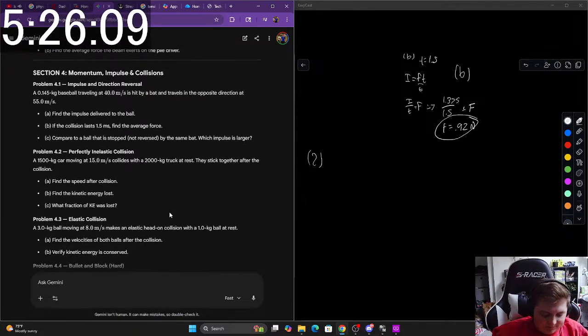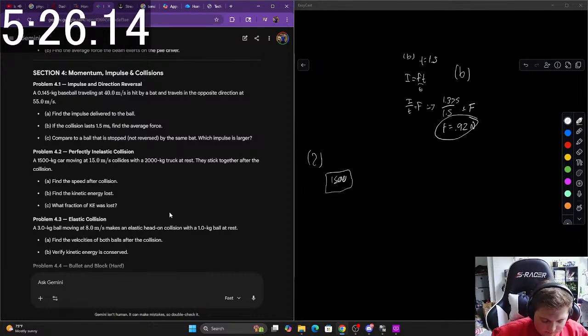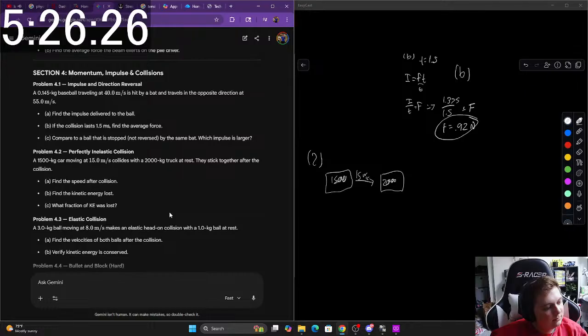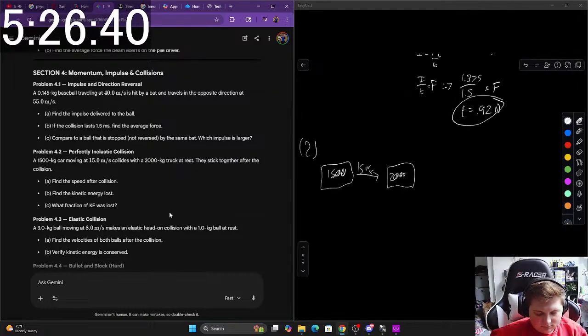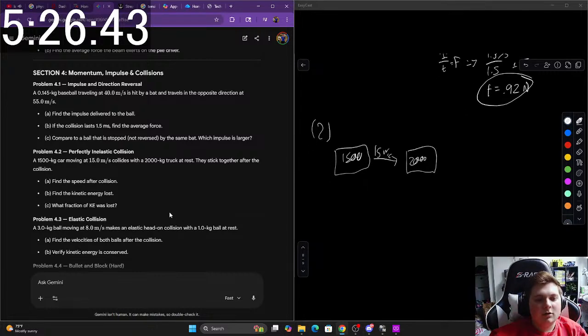2. Perfectly inelastic collision. A 1,500 kilogram car moving this way at 15 meters per second collides with a 2,000. Okay.